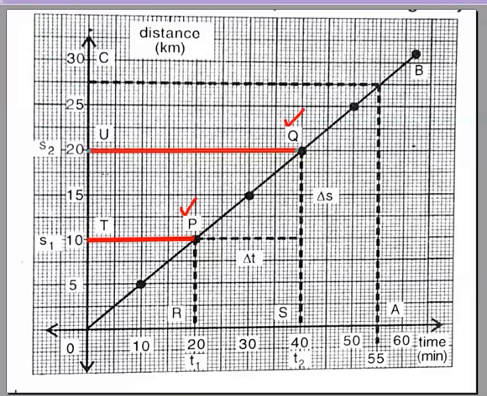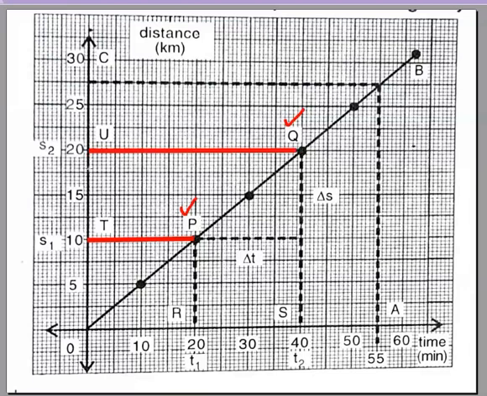Now I can easily say that at point P the bus was at 10 kilometer and at point Q the bus is at 20 kilometer. It means that the distance traveled by the bus between P and Q is 20 minus 10, that is this distance, 10 kilometer.